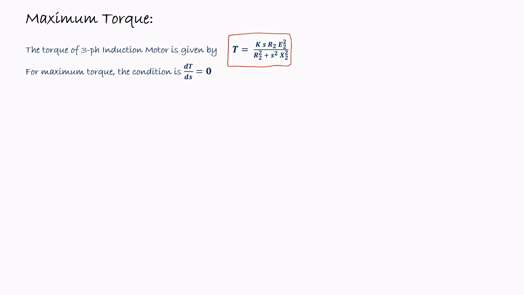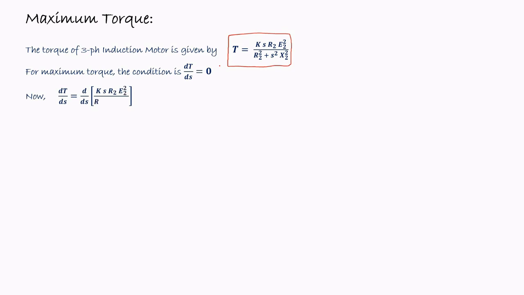Therefore, the condition for maximum torque will be dT upon dS should be equal to 0, because all other values are constant. So if we differentiate the torque with respect to the slip, and if the value is equal to 0, it will give us the condition for the maximum torque.